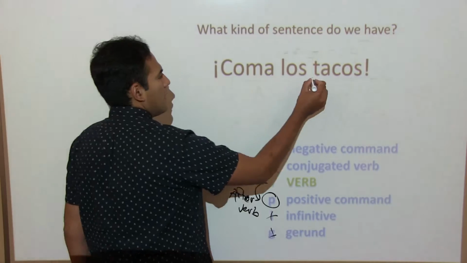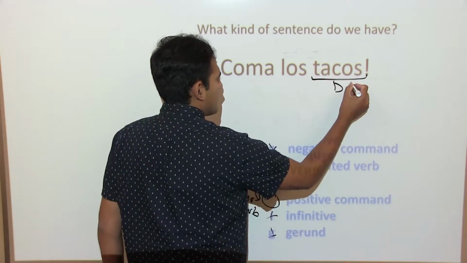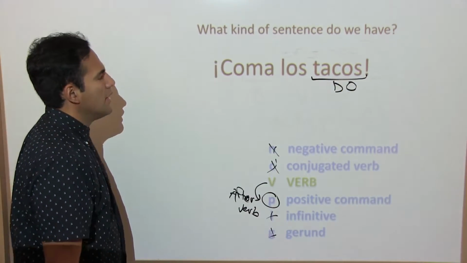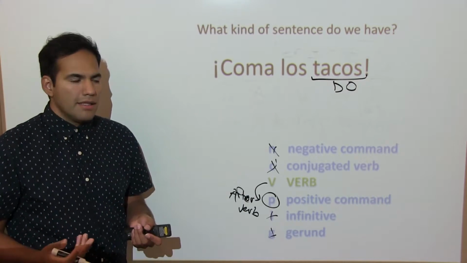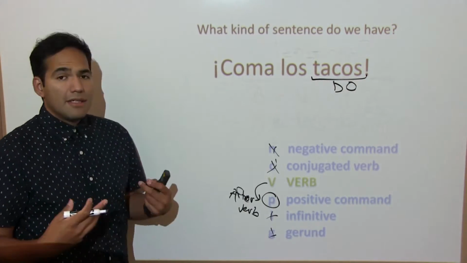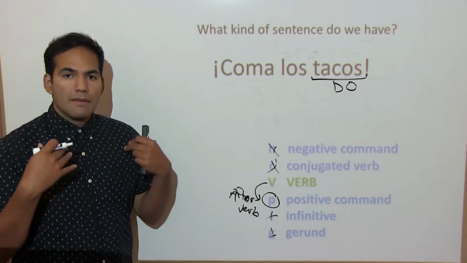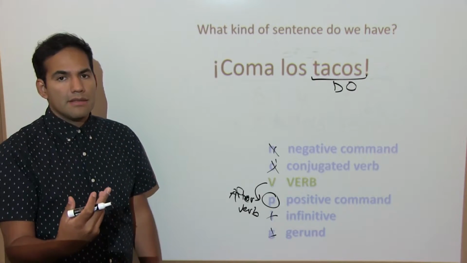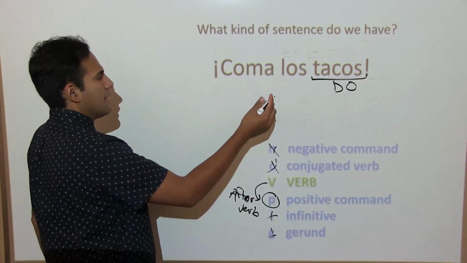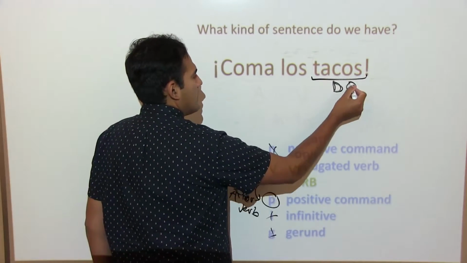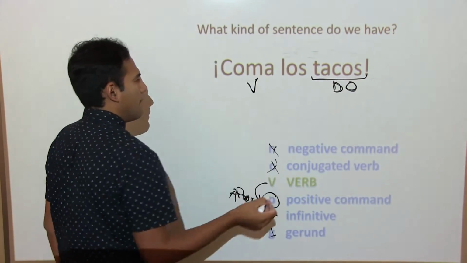So again, we have our direct object here. And in the commands, notice that there's not a specific subject, but since it's a command, it's something that I'm stating, something that I'm saying to someone else. I'm commanding someone to do it. So in this case, we have the direct object, and this is our verb.